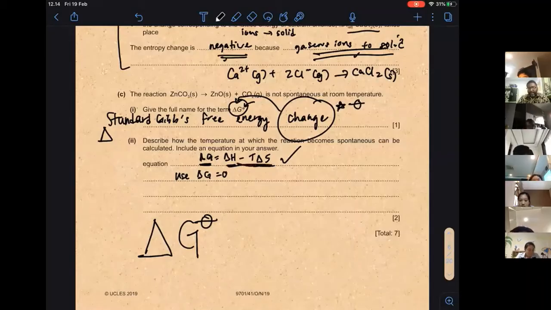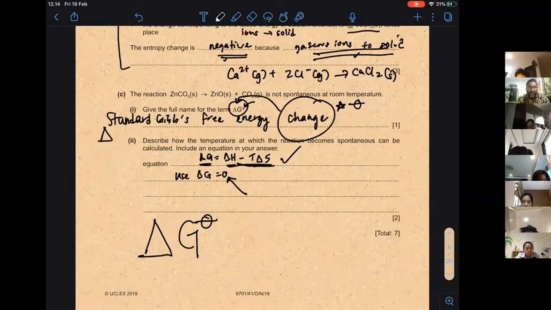And then when I want to find the temperature at which it becomes spontaneous, it becomes spontaneous the moment the Gibbs free energy becomes negative. So to find the minimum temperature, they will replace the Gibbs free energy with 0. You need to write down and describe how you represent the Gibbs free energy as 0.